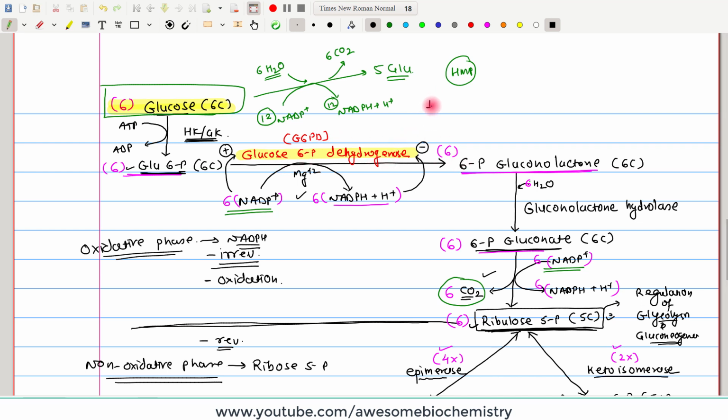And insulin also affects the activity of glucose 6-phosphate dehydrogenase. What does insulin do? Insulin causes induction of this G6PD enzyme.